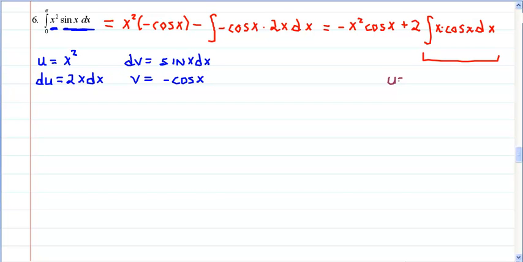But this time, I pick my u to be just the variable x, so my du is just dx. So I won't have to use integration by parts a third time. My dv is equal to cosine x dx, and v is equal to sine x.